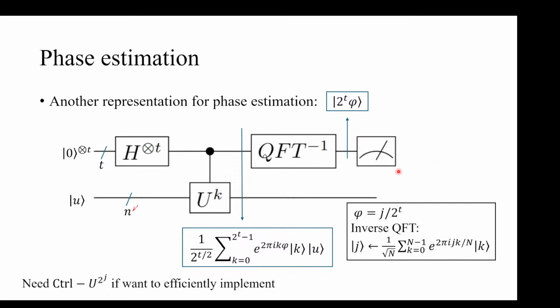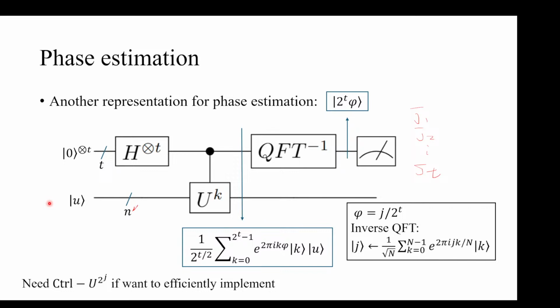When you do measurement at the end, each qubit gives you j1, j2, all the way to jt. So you can get every bit of this phi exactly, and that's how you do phase estimation.